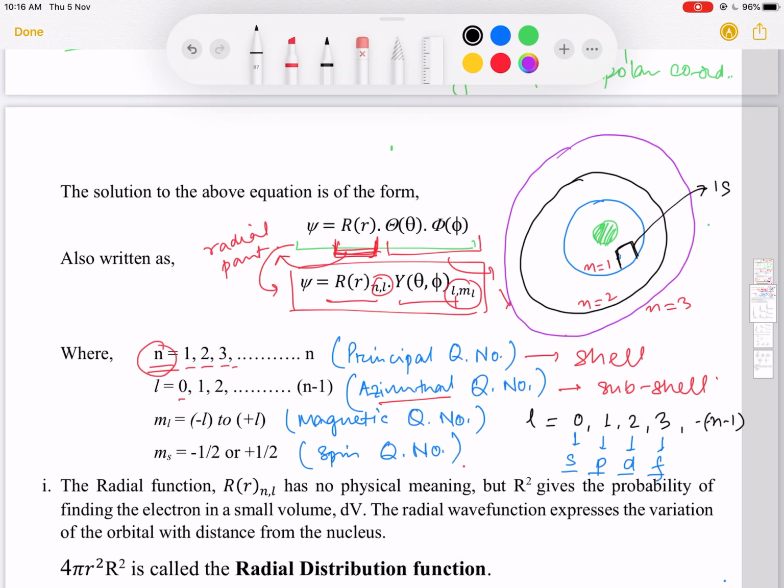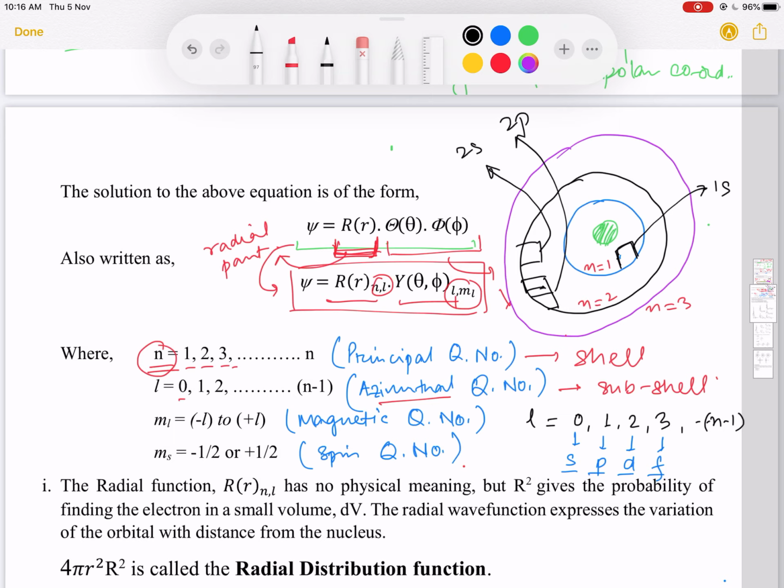For n equal to 2, we have two subshells, 2s and 2p.